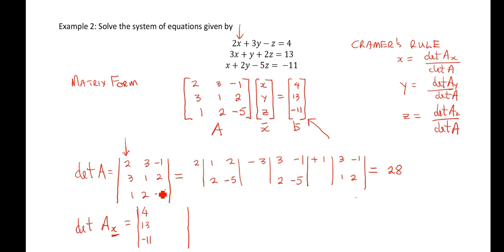What happens to the rest? The rest remains the same: 3, minus 1, 1, 2, 2, minus 5. Work that out, you will get an answer of 56.